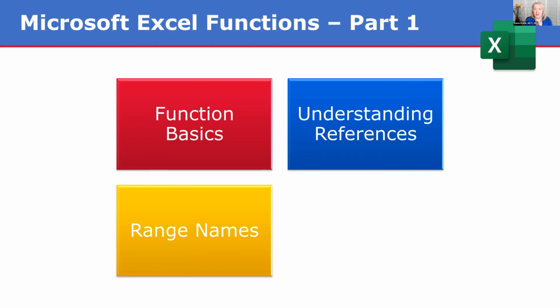However, with those, some of them can have some complexities where range names becomes really valuable. And as this implies, it is naming a cell or range of cells in Excel so that you do not have to have direct cell references or cell addresses.